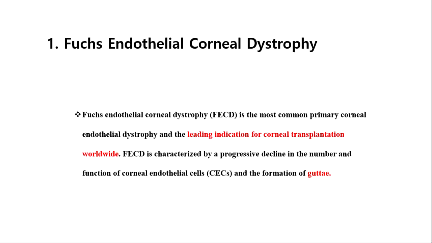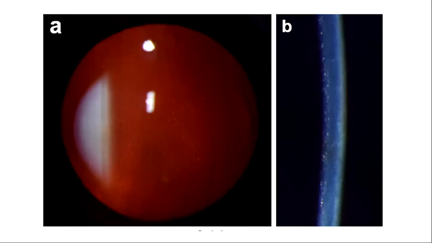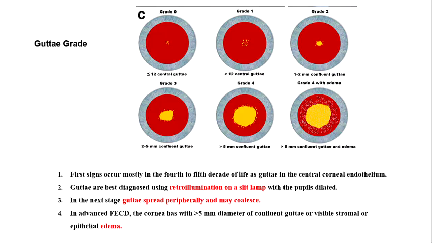Fuchs endothelial corneal dystrophy is the most common primary corneal endothelial dystrophy and the leading indication for corneal transplantation worldwide. Fuchs is characterized by a progressive decline in the number and function of corneal endothelial cells and the formation of guttae. Guttae are most prominently observed in the retroillumination mode.